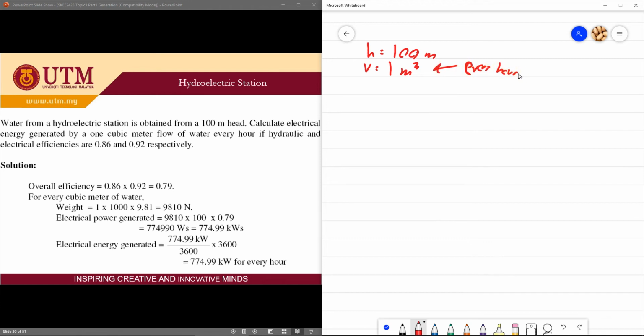Our calculation is basically every second, so you have to change this 1 cubic meter of water for every hour. So this one, volume is equal to 1 meter cubic per hour multiplied by 1 hour divided by 3600 second.